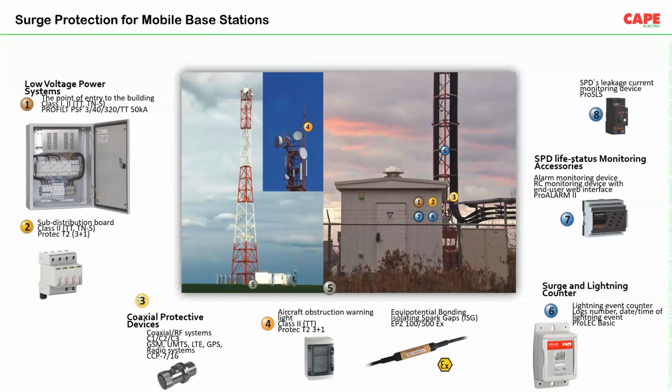In a typical mobile base station, we have a class 1 SPD, a class 2 SPD in the sub-distribution board, a class 1 SPD at the point of entry to the building, then coaxial SPDs, then a lightning counter for your lightning protection system, SPD live monitoring, a leakage current device, and an isolating spark gap for creating equipotential bonding, for connecting two earthings where the actual connection is not required during normal operation. This is also one of the products, sometimes called an isolating spark gap for equipotential bonding clamps.